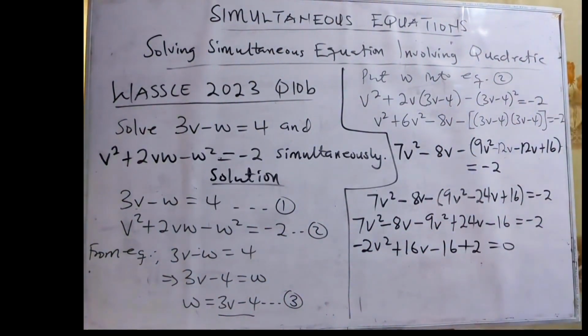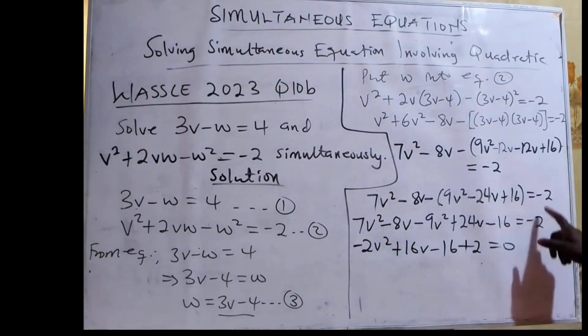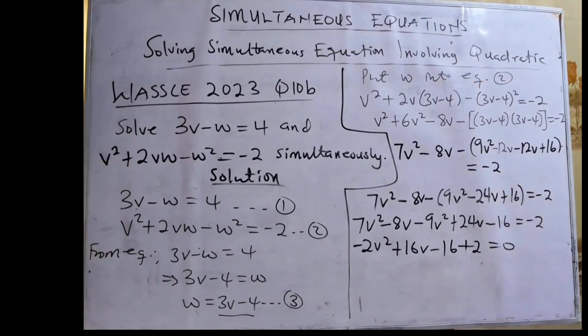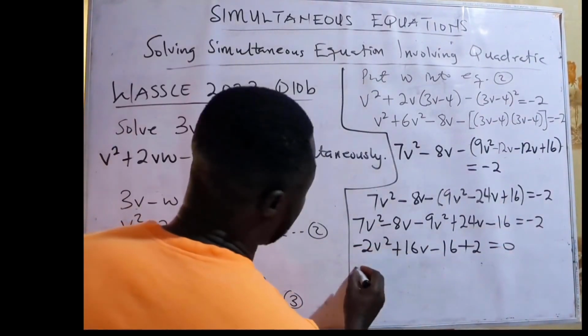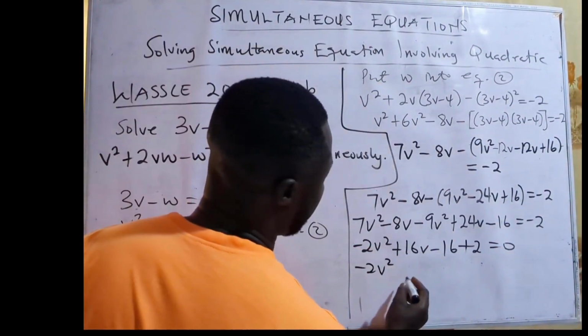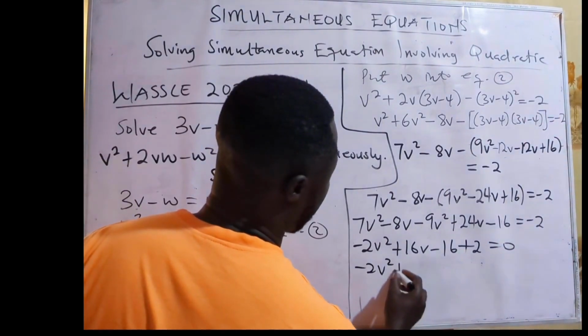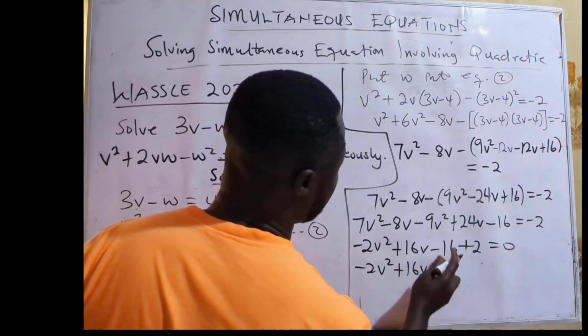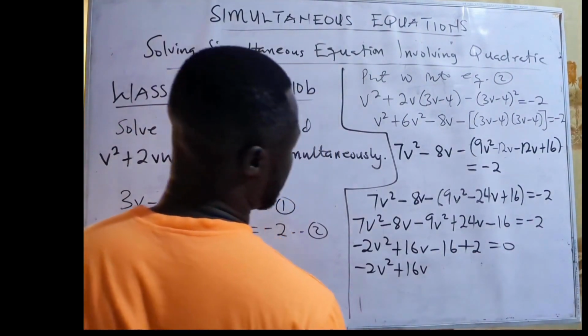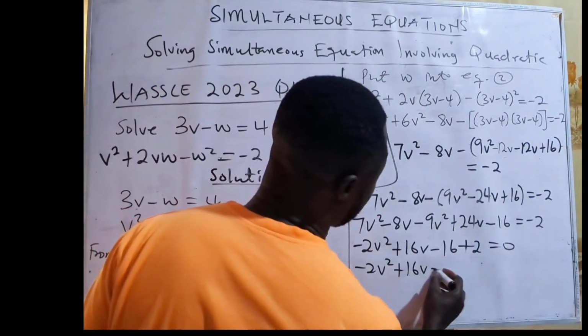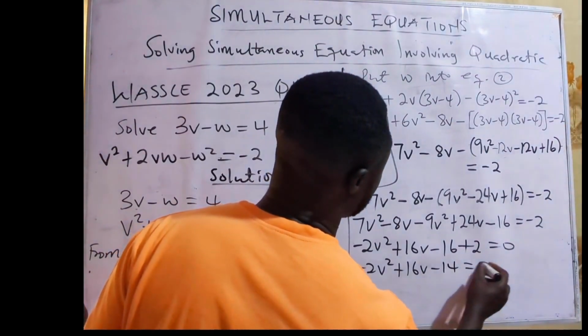So finally we can have minus 2v squared plus 16v minus 16 plus 2, which gives me minus 14, to be equal to 0.